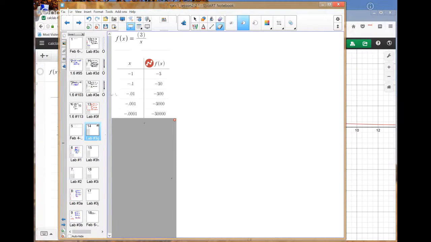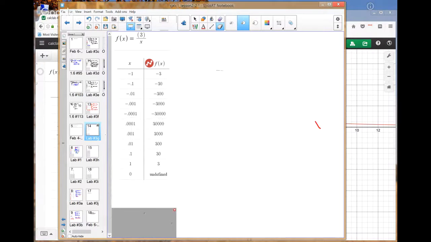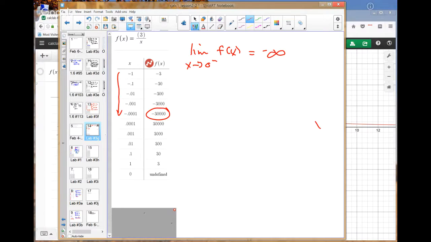And so just to summarize then, the limit of f of x as x approaches 0 from the left, and you can see it right here, is going down big time. And as it approaches from the right, it's going up big time.